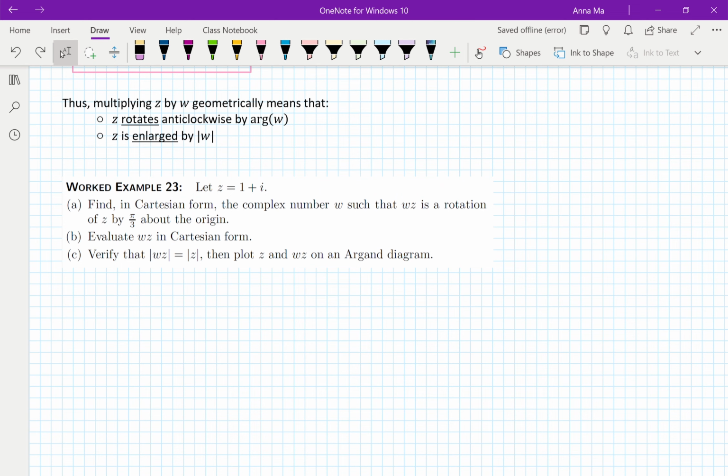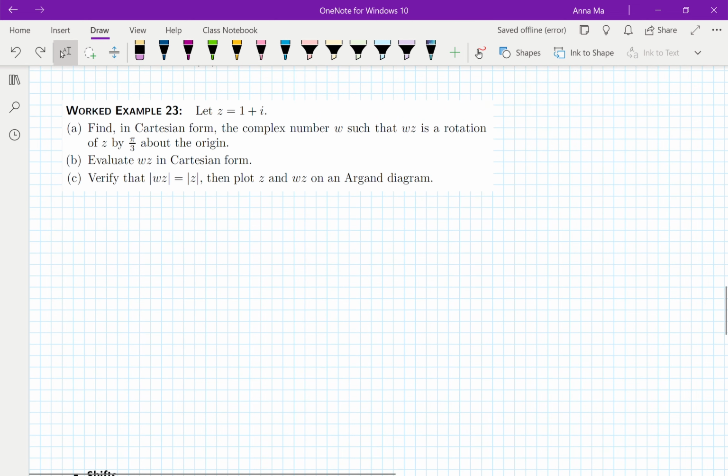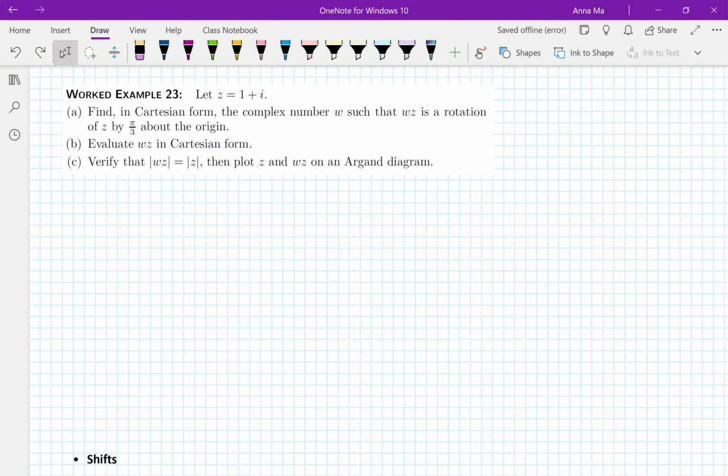So let's use that to try some of the examples straight from Cambridge. Example 23 in the textbook. Now let z equal 1 plus i. Find in Cartesian form the complex number w such that the multiplication ends up being a rotation of z by pi on 3 about the origin. So as I said, it will be rotated by the angle of w.